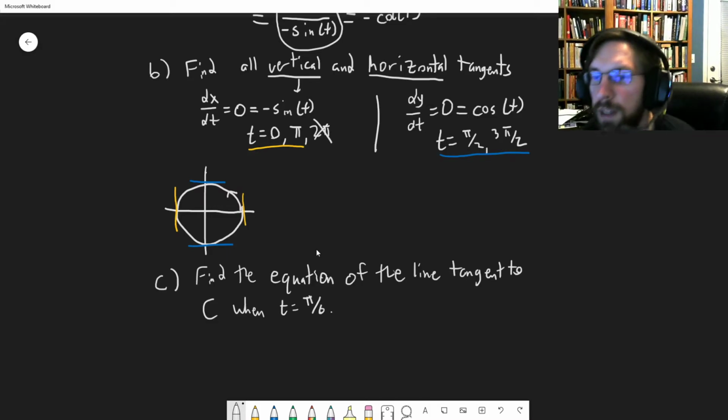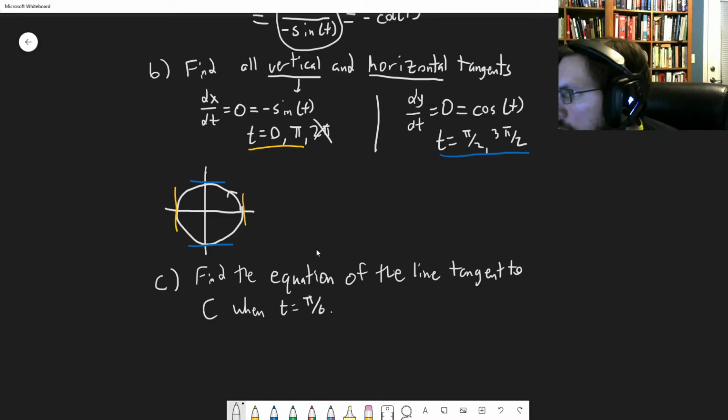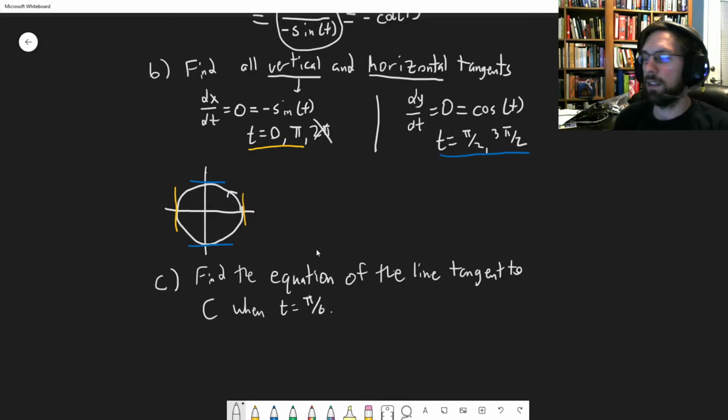We want to find the equation of the line tangent to the curve C when t is pi over 6. Okay, so we need to do a few things here. First, in order to find the equation of a line, we need a point and we need slope. And we have neither of those things right now. We have a t value. Okay, so we need point and we need slope.